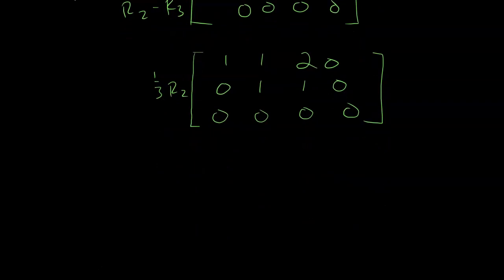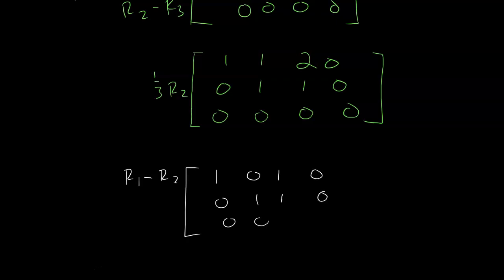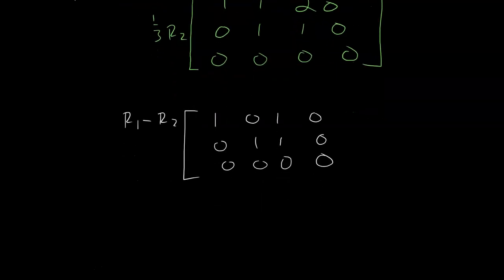So if I want to get all the way down to something really nice, I can think about taking that first row and subtracting off that second row, which will give me a 1, 0, 1, 0. And this is a fine sort of place to finish.